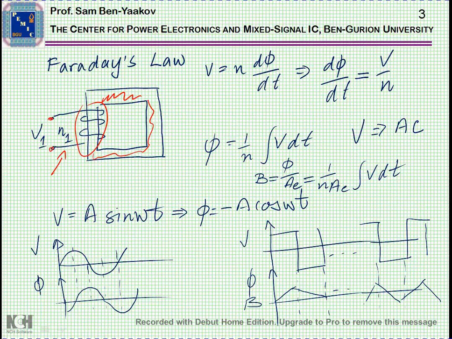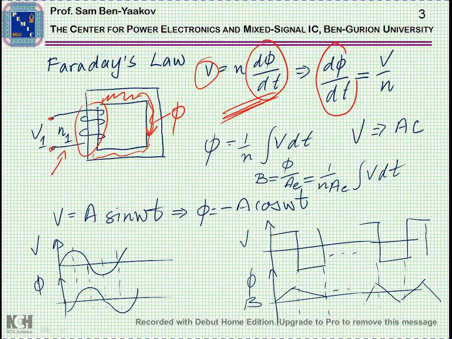According to Faraday's law, the relationship between the voltage and the rate of change of the magnetic flux in the core, here it is, this magnetic flux, is related by this equation, from which we can find that the rate of change of the flux is V over N. So if we impose a voltage on a winding, phi will increase according to this relationship.